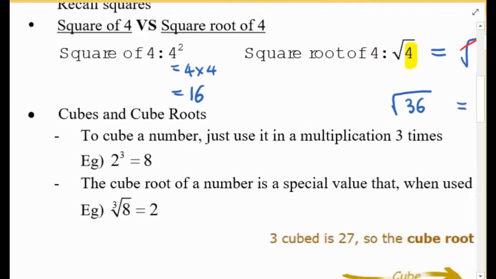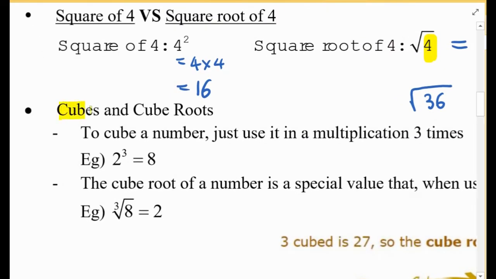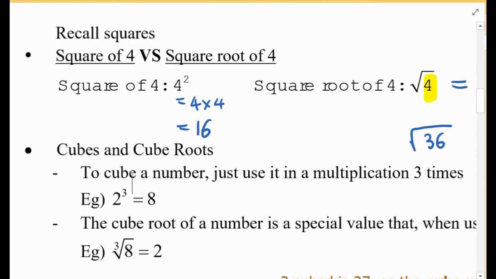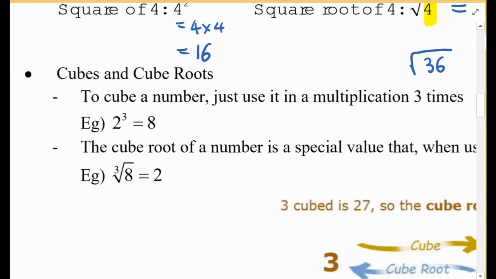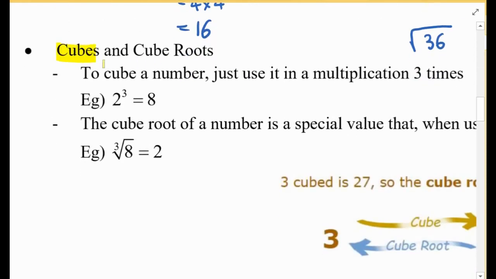And today, we're going to learn cubes and cube root. So it's just the same concept. So if you understand how to find the square of a number and the square root of a number, you will be able to find cubes and cube roots. Okay?